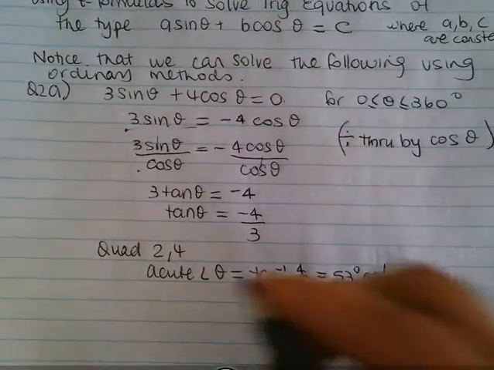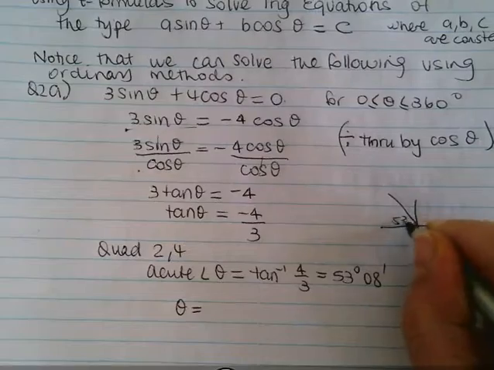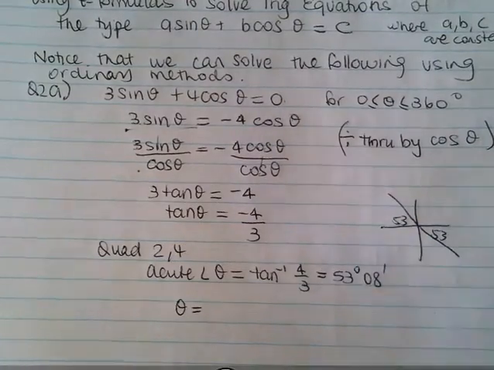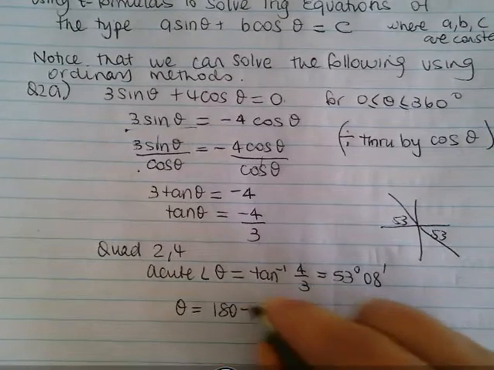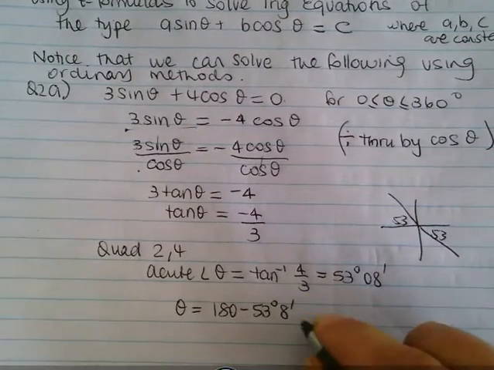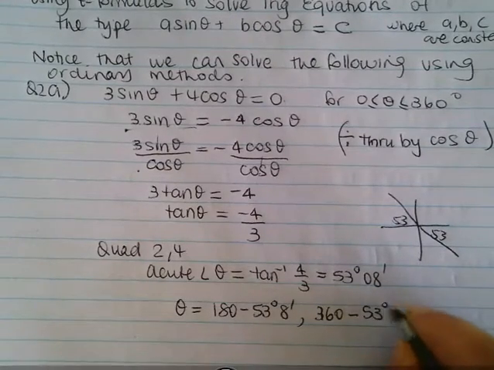So we want quadrants 2 and 4. So therefore theta, I'll just put roughly a 53 there and a 53 here. So what's theta? 180 minus 53 degrees 8 minutes and 360 minus 53 degrees and 8 minutes.